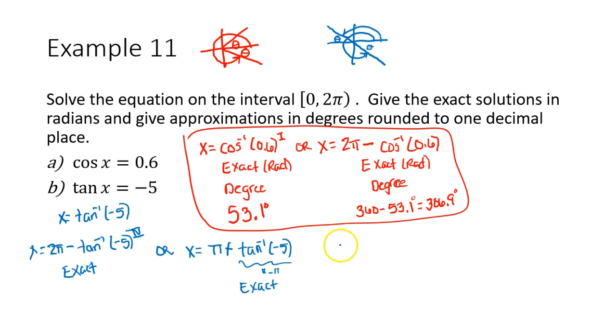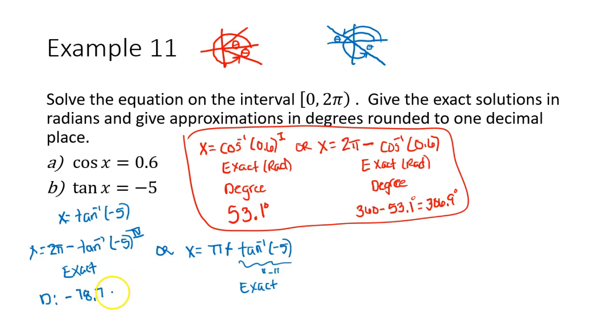Then to get to my degree answers, I'm just going to put a D here. We'll look in the calculator. Second tangent, -5. This gives me -78.7.